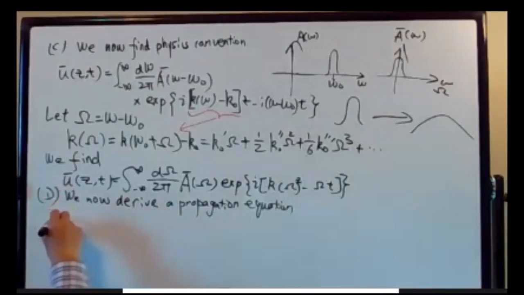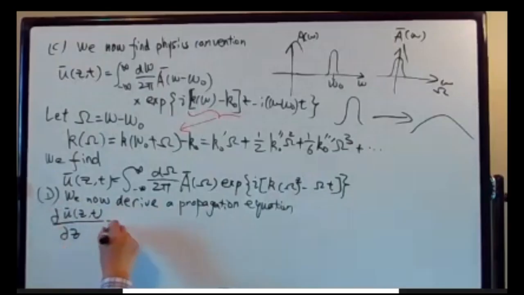Take a derivative of U bar(z,t) with respect to z. It should be a partial derivative. We now take the derivative of u with respect to z, so we can propagate in z distance.